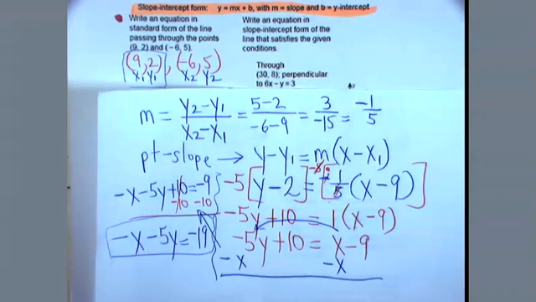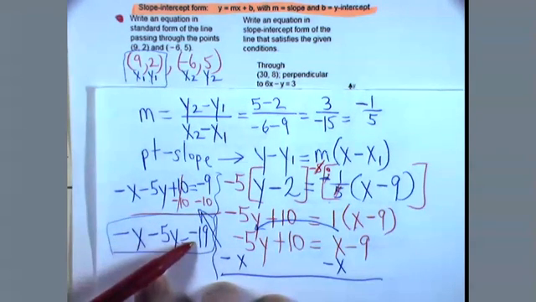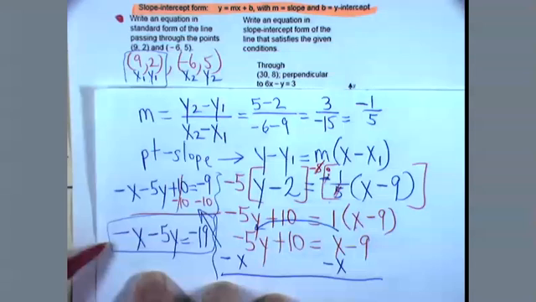Y'all, just in case my math lab wants your x to be a positive term, then one thing you can do is multiply the entire equation by, in this case, the negative 1 to change the x to a positive 1.